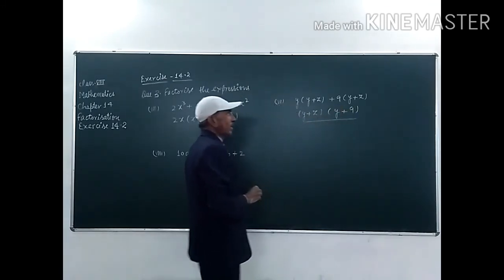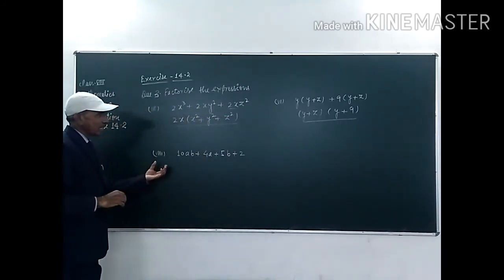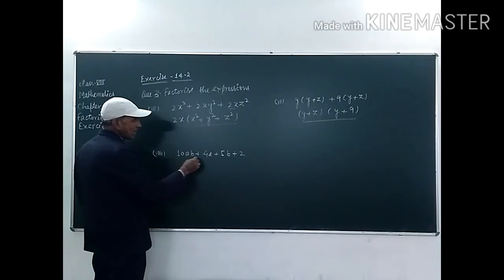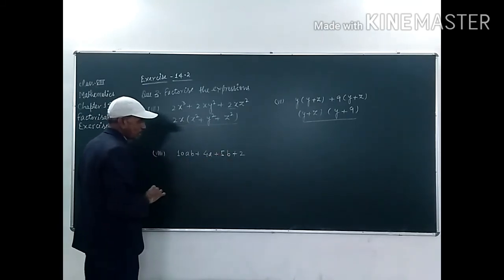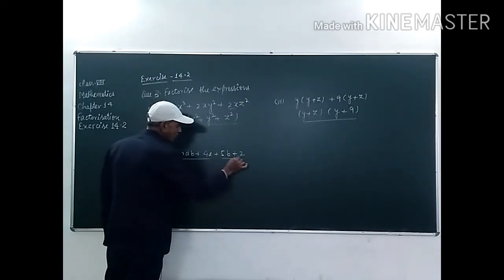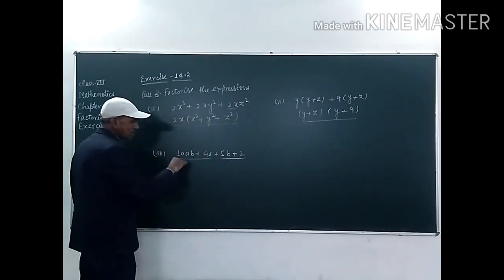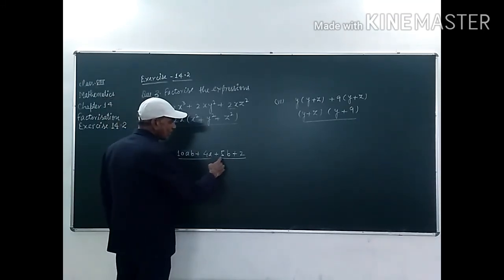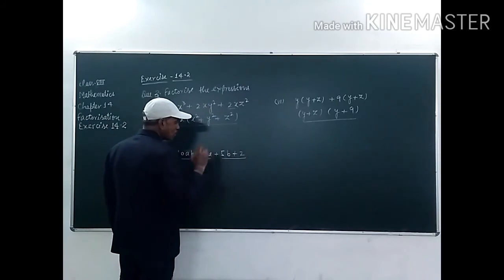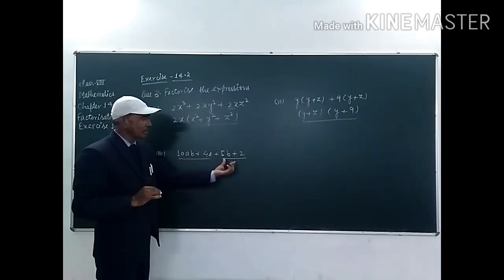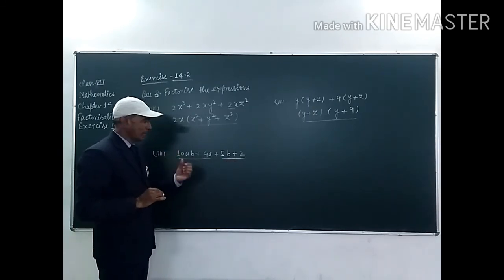And this is the eighth part of this question, and in this there are 4 terms, students. So first of all we have to make pairs of 2 terms. This one is 10ab plus 4a, and this 5b plus 2. First of all we have to solve this pair, after that we will solve this pair.